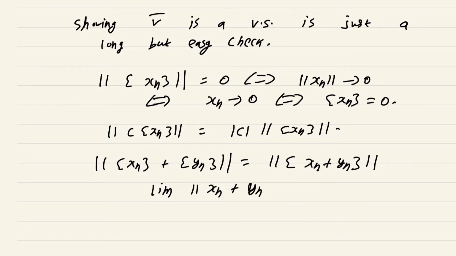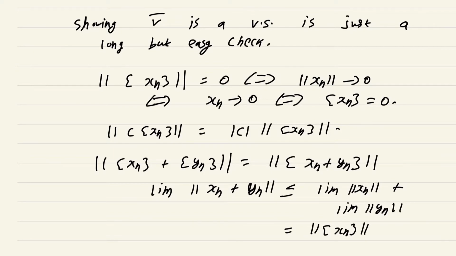That's the definition of the norm in this vector space, which is less than or equal to the limit of norm xn plus the limit of norm yn by the triangle inequality, which is equal to the norm of [xn] plus the norm of [yn]. So this shows that the triangle inequality is satisfied by our definition of norm on the space V bar.